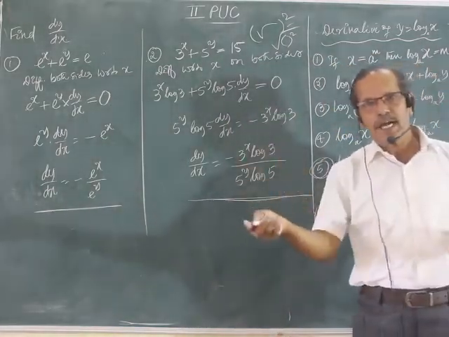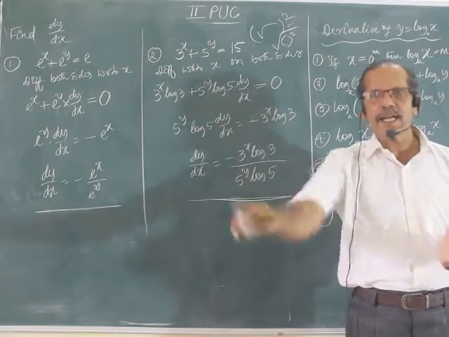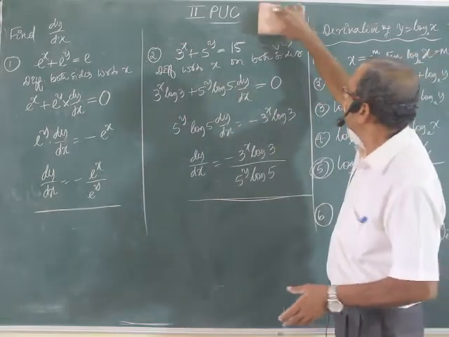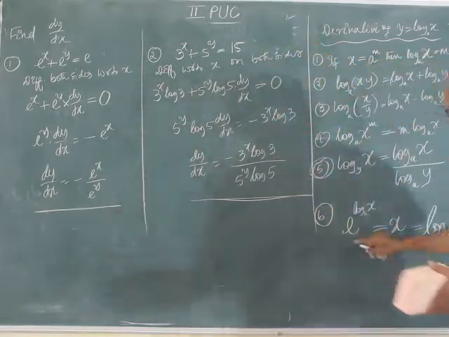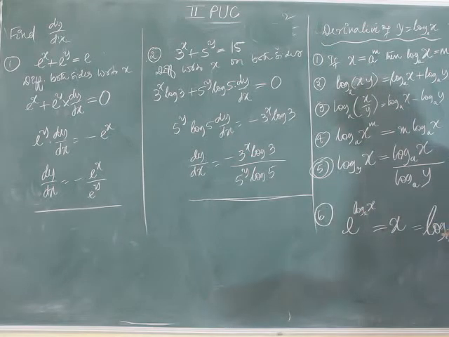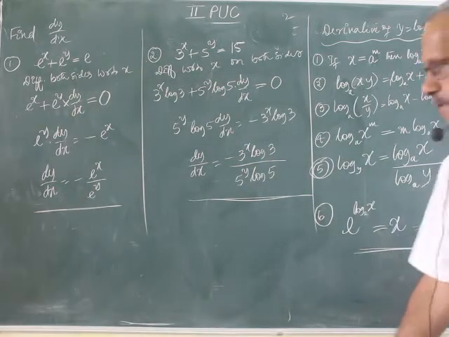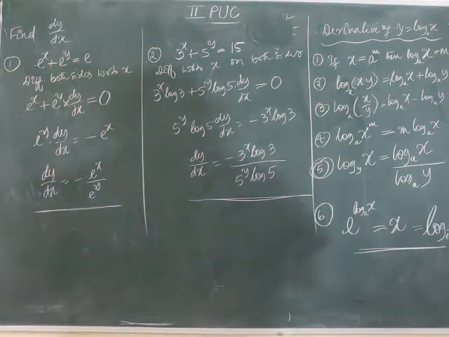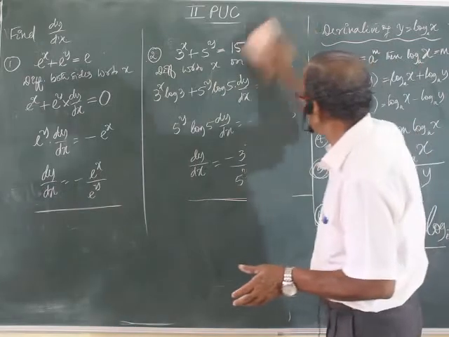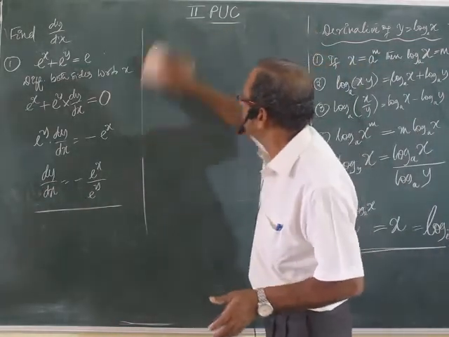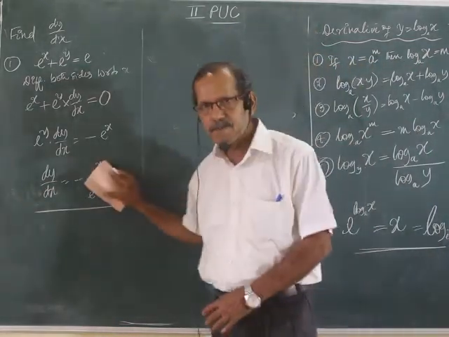Sine inverse of sine or sine of sine inverse, they cancel, no doubt. Similarly, here I have written e to the power log or log e to the power. The total answer is x only. You can verify that, find that, or prove that. Everything can be done. But remember, it's a property of the logarithm.